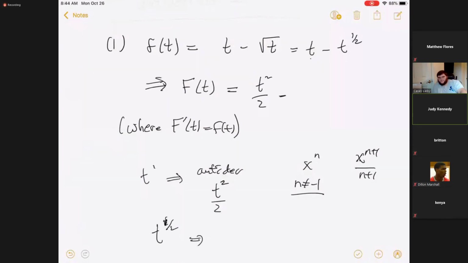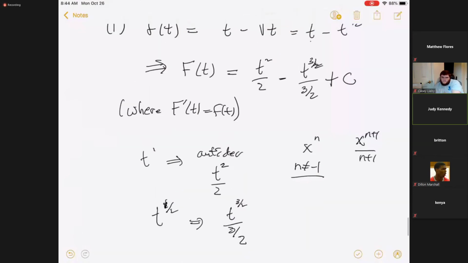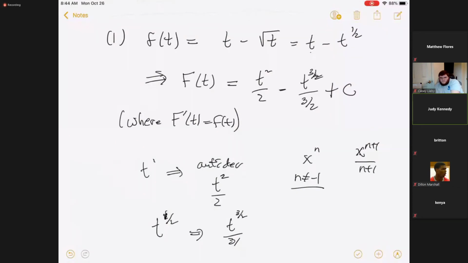Would it be t to the power of 3 over 2 all divided by 3 over 2? Yeah, thank you. So t to the 3 over 2 divided by 3 over 2 plus c. And okay, I could do a little algebra there.